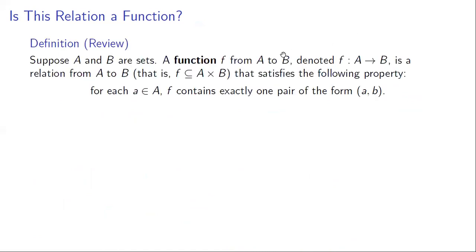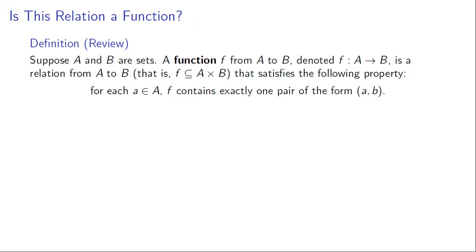Now we're going to really go back to our original definition of function and hash it out a little bit more, because we started by saying that every function is a relation from A to B that satisfies the property that for each little a in A, f contains exactly one pair of the form (a, b).